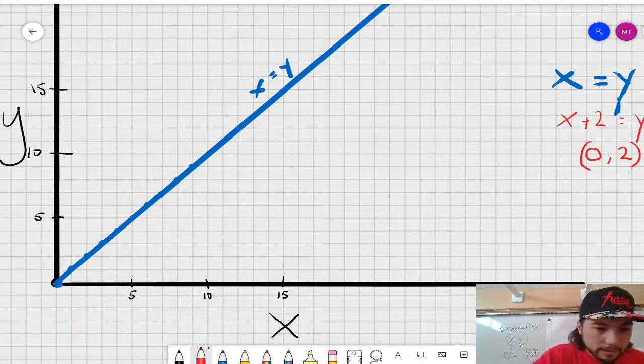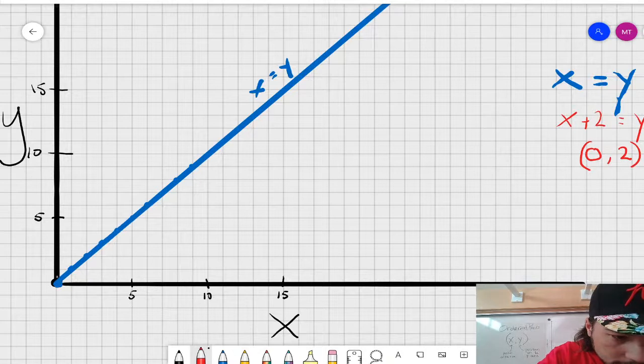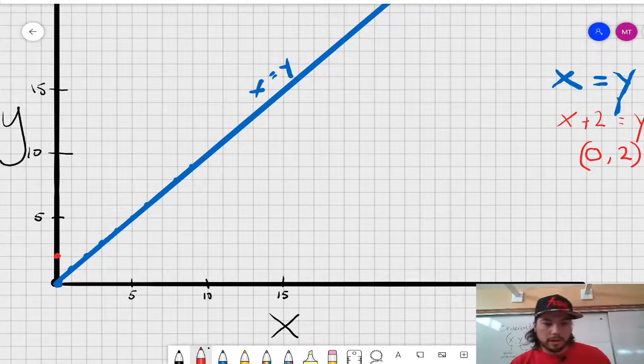And we can plot that. Go 0 on the x and then 1, 2 on the y, to go right there. (0, 2). So what other ordered pairs might be there?